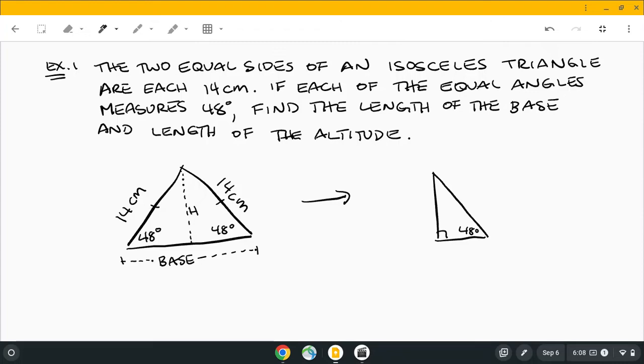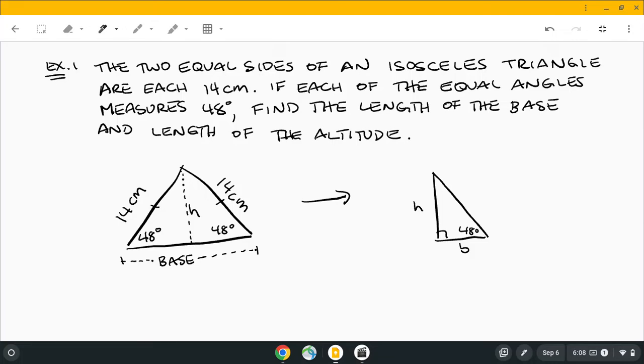We called it H. And then I'm going to call this one over here down below little b. I guess I should use lowercase for sides, but anyway, lowercase h. I'll call this lowercase b.